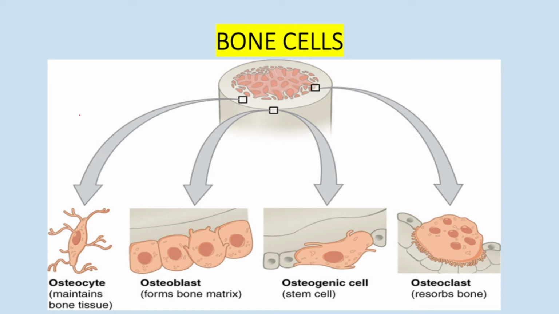Let's talk about the osteogenic cells. Osteogenic cells are the only cells that can divide. They differentiate and develop into osteoblasts, which are responsible for forming new bone. The osteoblasts deposit bone matrix. When the osteoblasts get trapped within the calcified matrix, they become osteocytes.